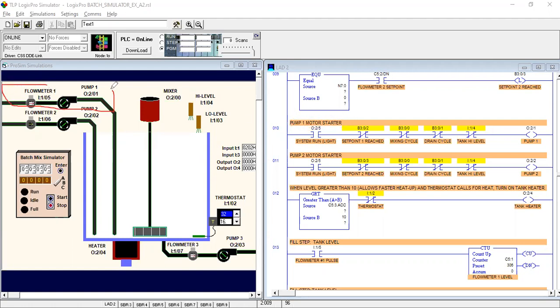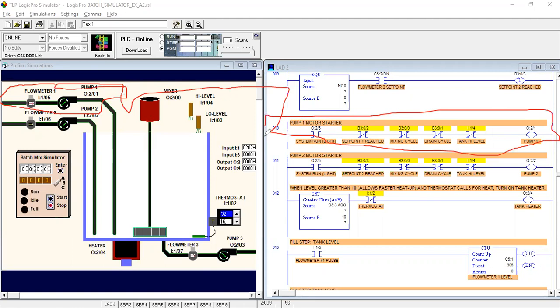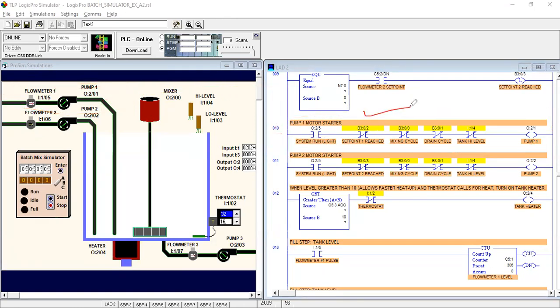For this flow, we will make this rung. For the working of this, we are making this controlling of our instructions.